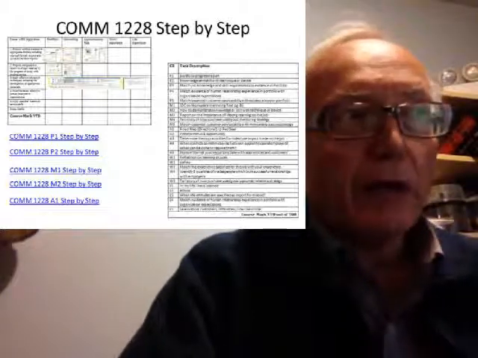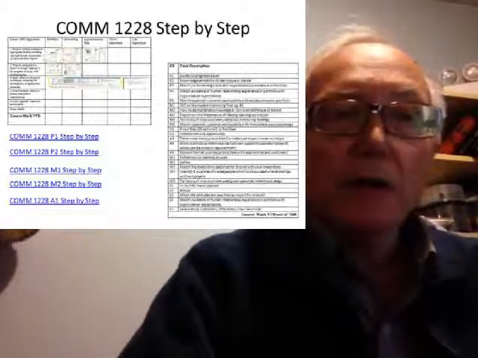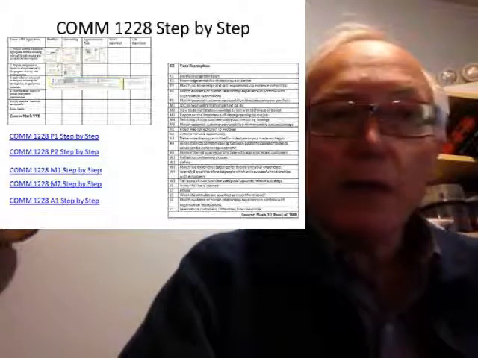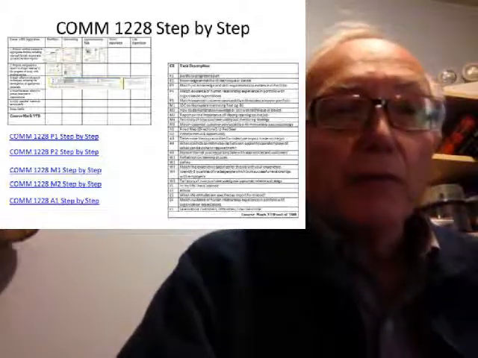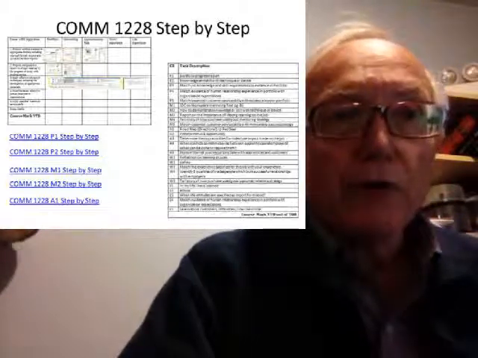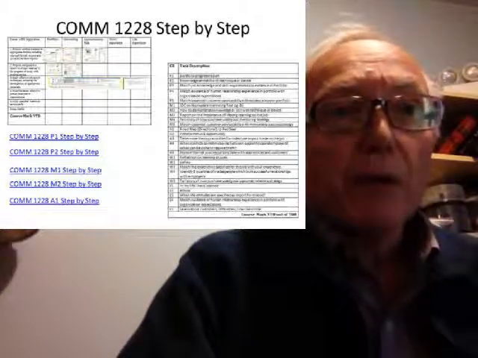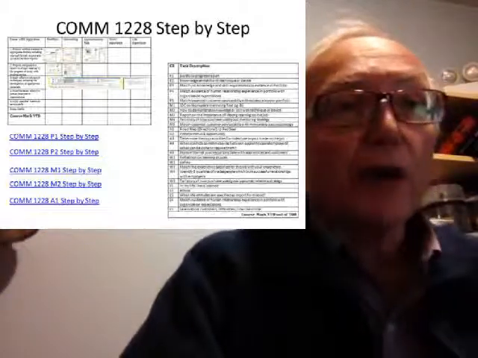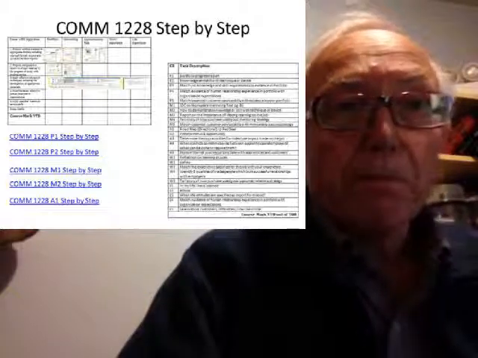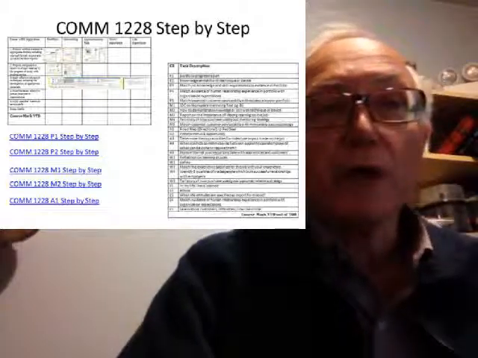COMM 1228 P1 step-by-step, P2 step-by-step, M1 step-by-step, M2 step-by-step, and A1 step-by-step. These are step-by-step instructions. These files are in your email. If for some reason you can't find them, you can always request another copy.